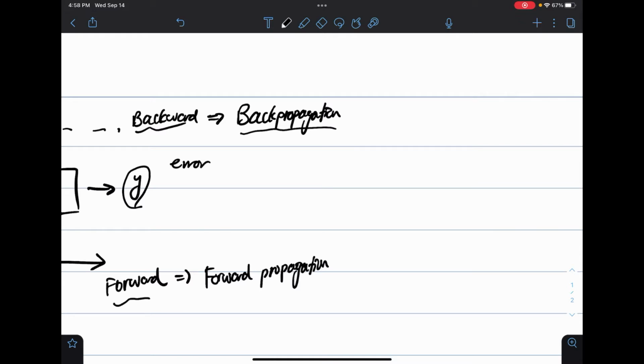Basically, it uses gradients, derivatives, partial derivatives of the error with respect to a specific parameter or weight. Using this derivative, we simply update the neural network model, and that's how neural networks optimize.